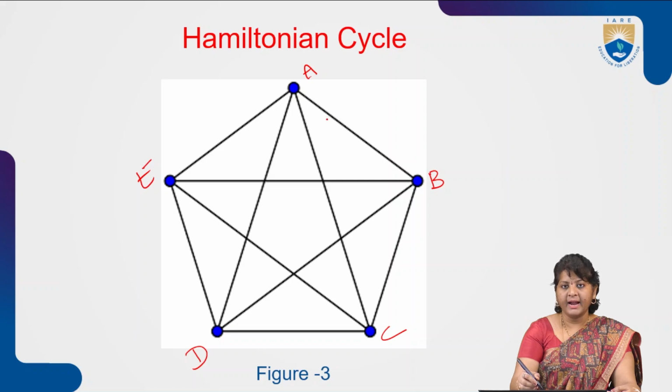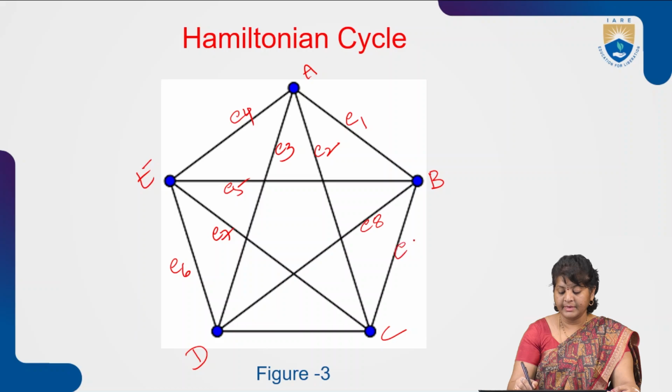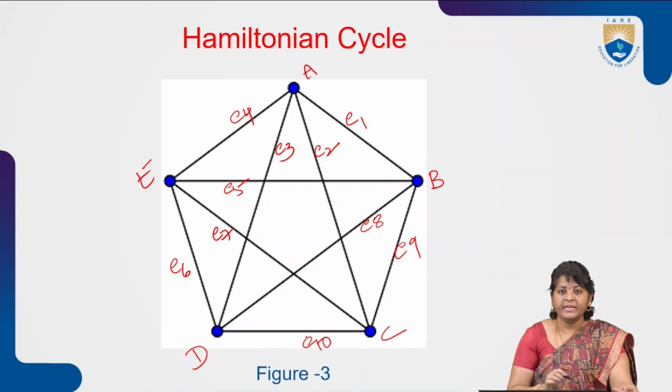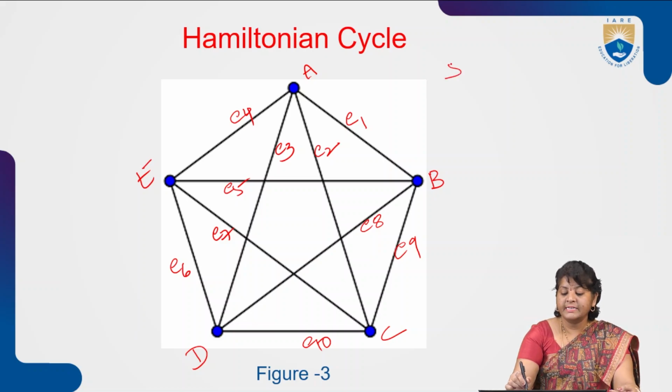If we want, we can highlight the edges also, like E1, E2, E3, E4, E5, E6, E7, E8, E9, E10. So 1, 2, 3, 4, 5, 6, 7, 8, 9, 10 is the naming of the edges. And now 5 vertices are there.